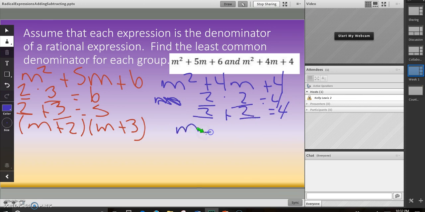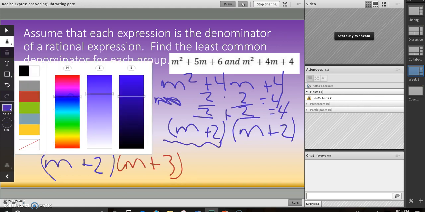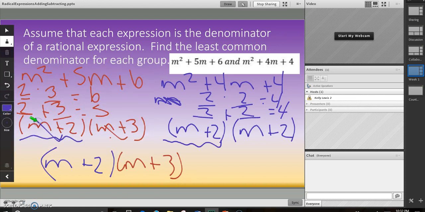Okay, and I'm happy because I have something that is similar. So this guy and this guy are similar, so I only need to write him once. Then I have this m plus 3. So check, check, check. And then I have this other m plus 2.